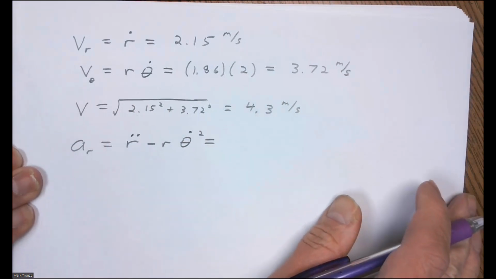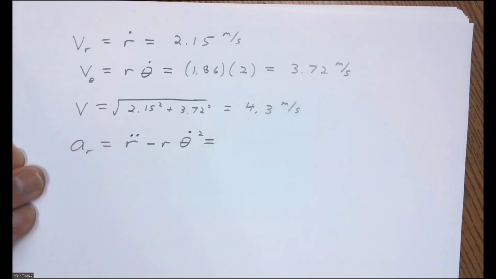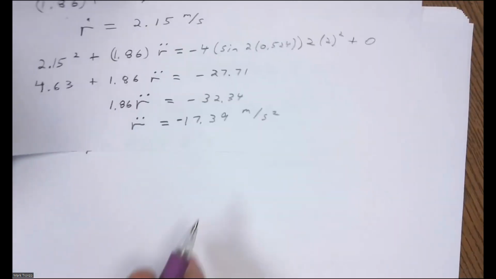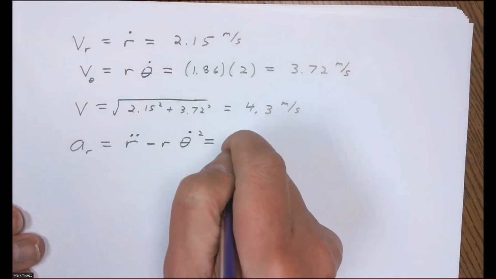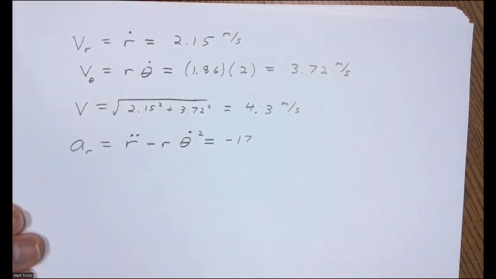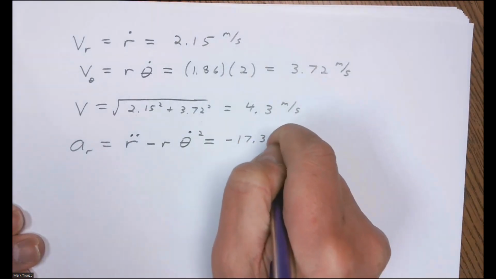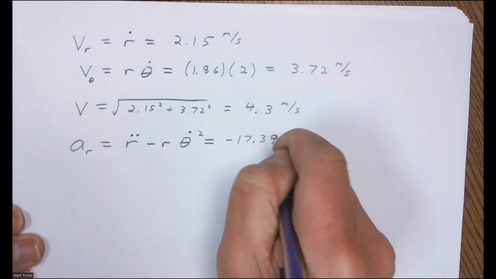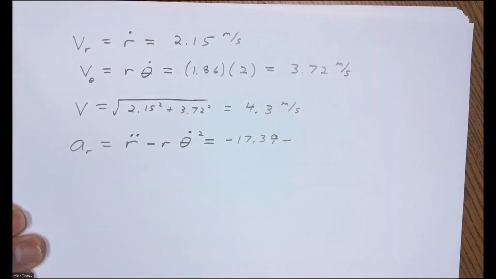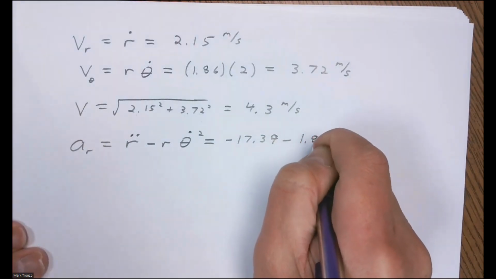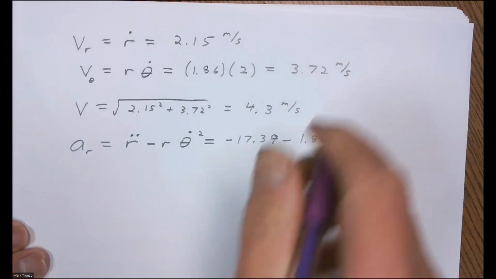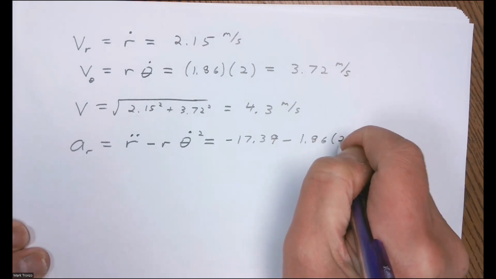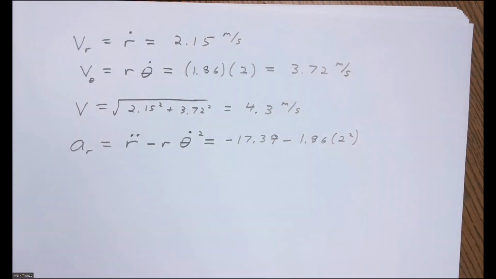And that's going to be r double dot we found a second ago was minus 17.39 minus r was 1.86 times our theta dot was 2 squared.